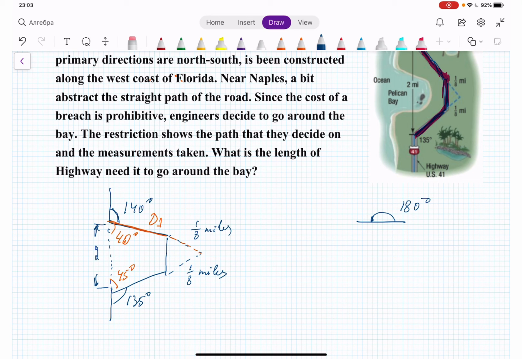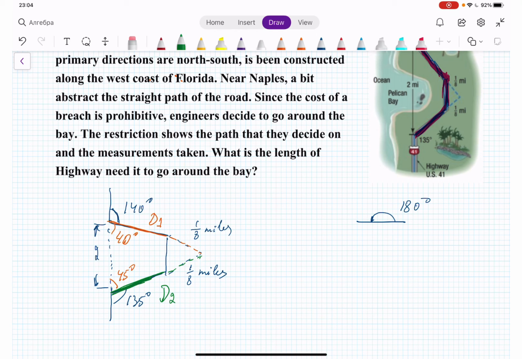And I have distance 2. Let me use green color, dashes at D2, with these dashes, and that is going to be our D2.